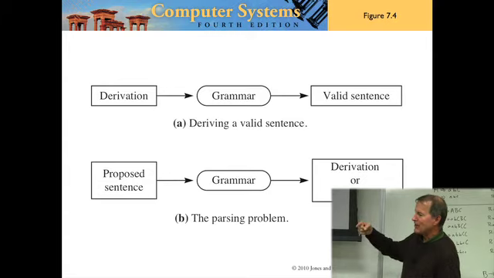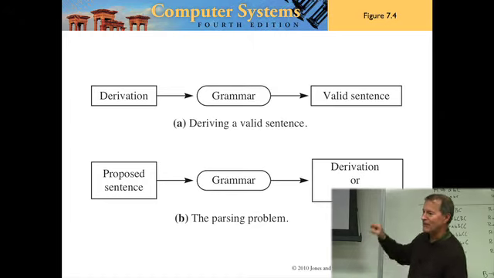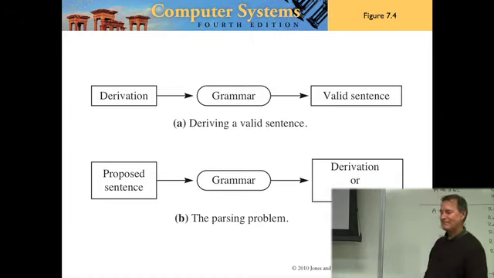But that's not what a translator has to do. A translator is given the grammar and a proposed sentence, and it has to determine whether or not it's valid. And if it is valid, it has to produce the derivation.